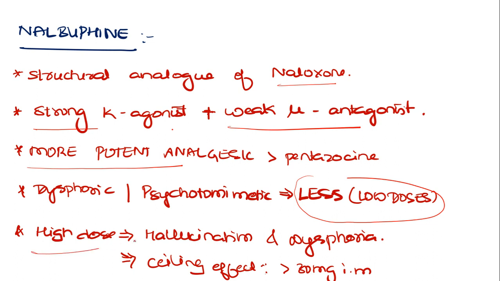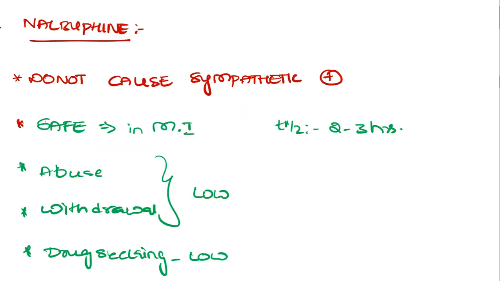At high doses, however, it will produce hallucination and dysphoria, as well as a ceiling effect. Above 30 milligrams intramuscularly, the effect produced by nalbuphine will not increase. This is a very important point.